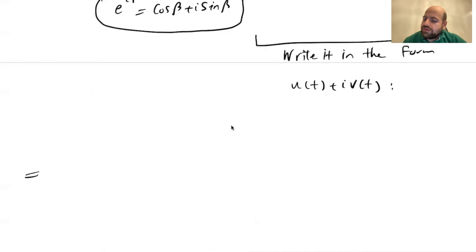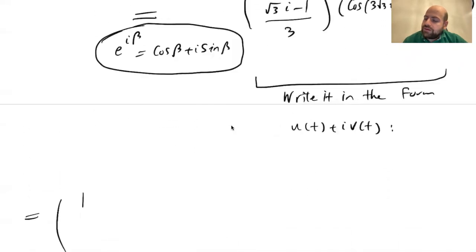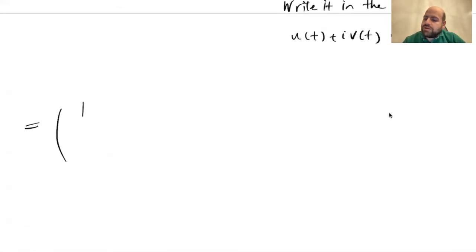So this is 1 and root 3. This is a number multiplied by a vector, so I need to multiply each element of the vector by this number. 1 times this is going to be the same expression here: cos 3 root 3 t plus i sine 3 root 3 t.